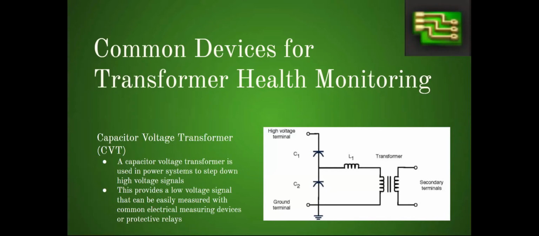And what this does is allow us to drop from 11 kV down to something around 100 to 150 volts, which can be easily measured with just a normal voltmeter or anything of that nature. You don't need sophisticated software to go in and go, okay, the reading looks good. It's continuously been the same reading for the last 2 years, probably not having major issues with the system.